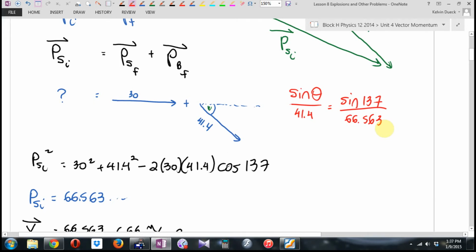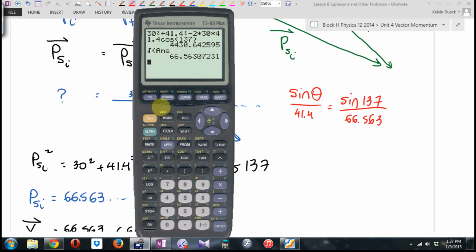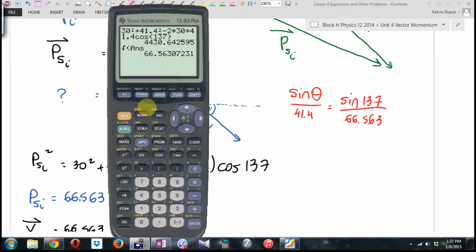Don't do that. Its momentum is conserved. How would I get the sine theta by itself? Times by 41.4. So I'm going to go 41.4 sine 137 divided by, haha, answer button.